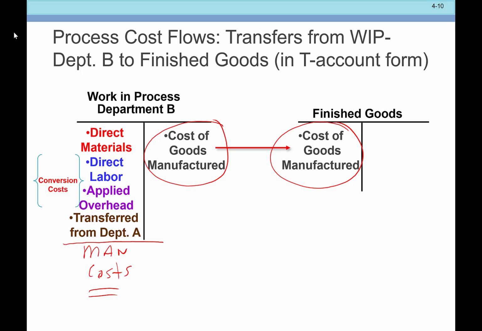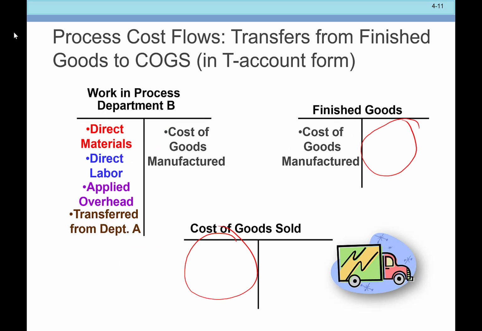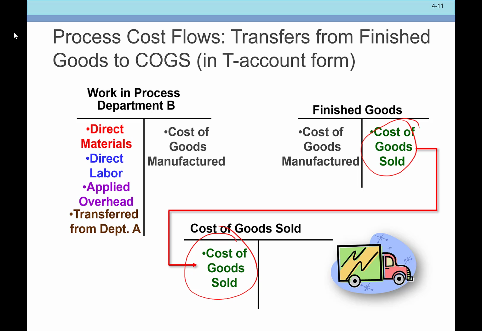So cost of goods manufactured can only come out of that last processing department. Okay? Question? Okay, good. And then, of course, we all know that cost of goods sold is whatever comes out of our finished goods inventory and into our cost of goods sold. All right?